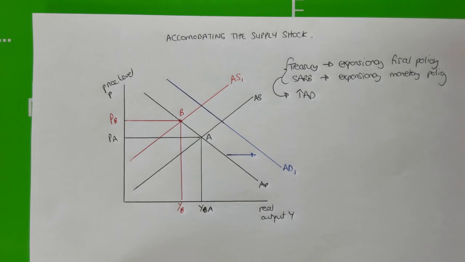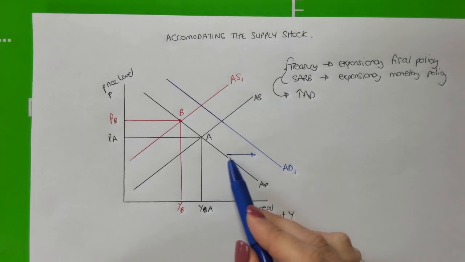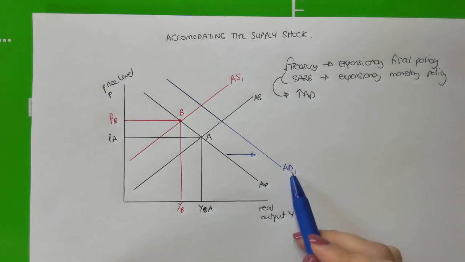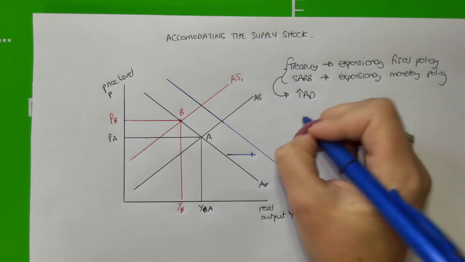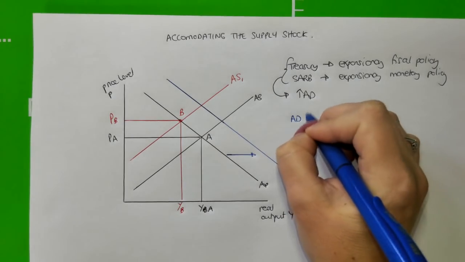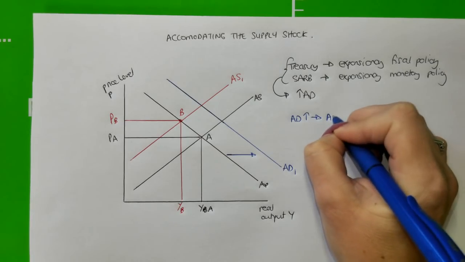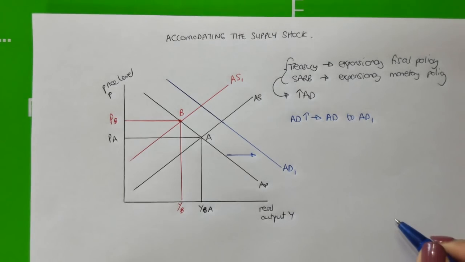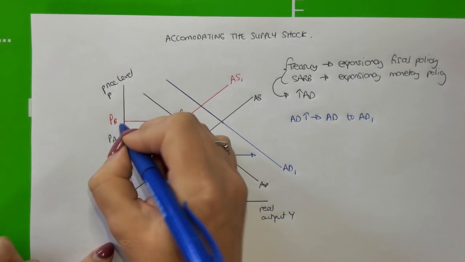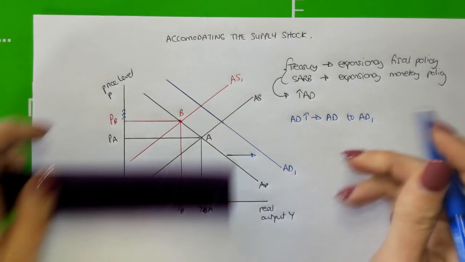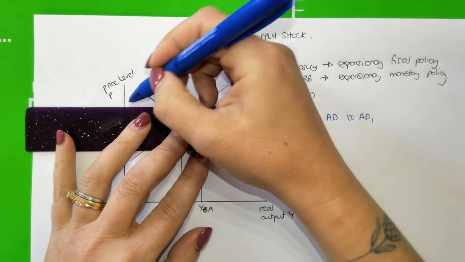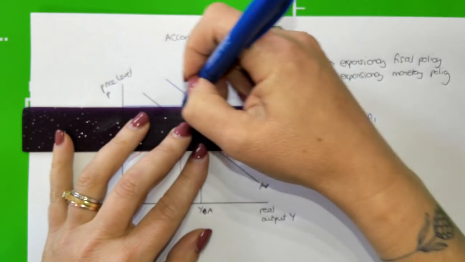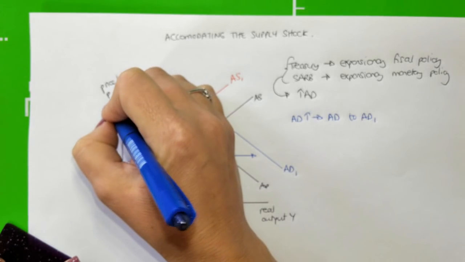When they do that, that's represented by a rightward shift of the aggregate demand curve from AD to AD1. So AD increases from AD to AD1. When that happens, the excess demand puts upward pressure on the price level, so more upward pressure on the price level, which is less than ideal. Talk about that in a second.